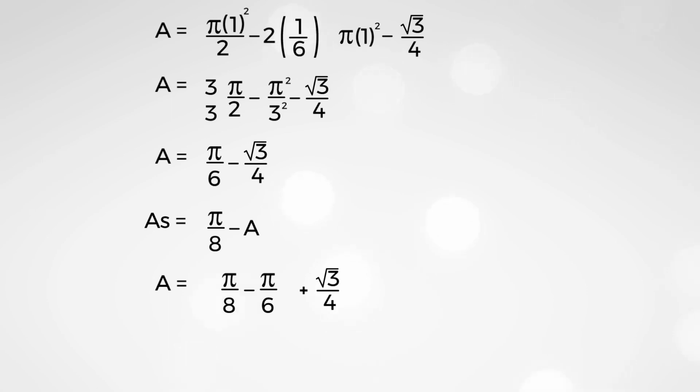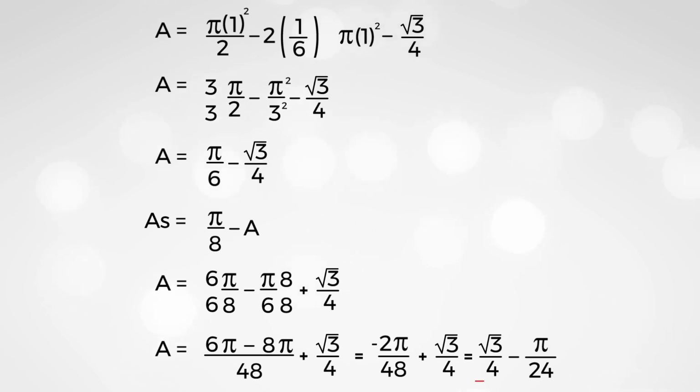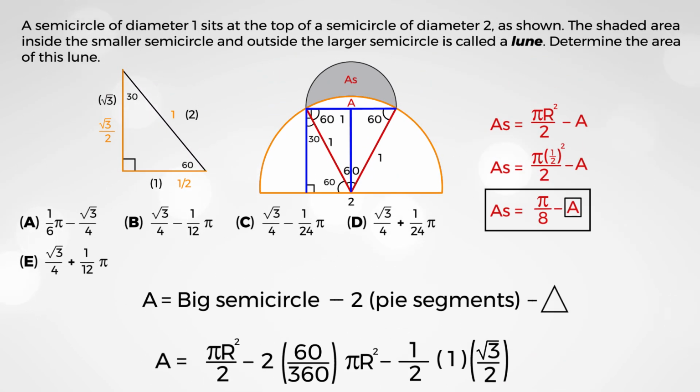Get a common denominator, 6 pi minus 8 pi over 48, plus √3/4. This is equal to minus 2 pi/48 plus √3/4, which is equal to √3/4 minus pi/24. Final answer: √3/4 minus pi/24. And that would mean the answer is C.